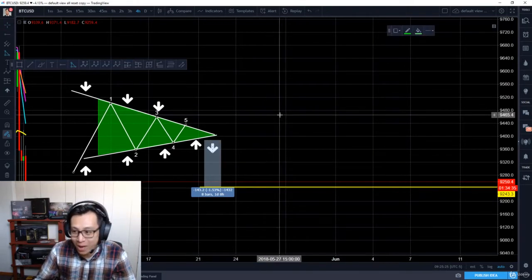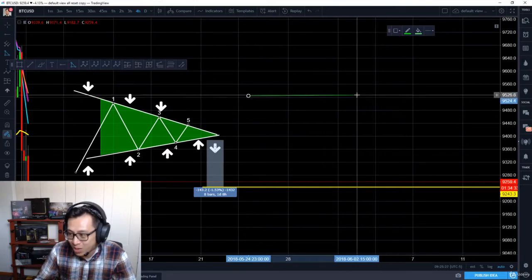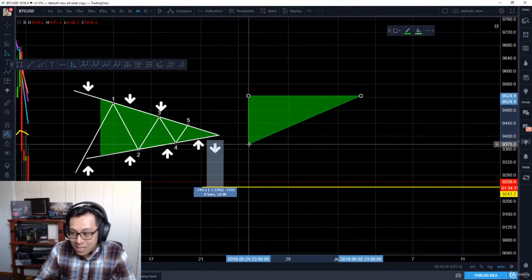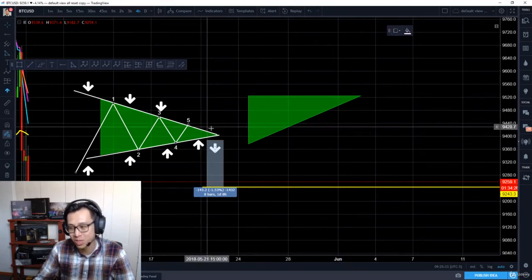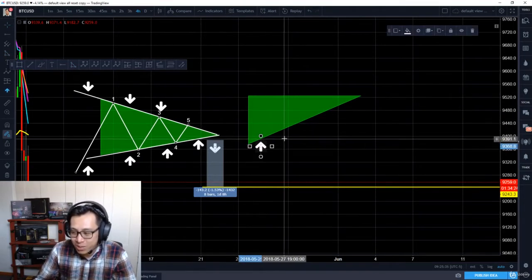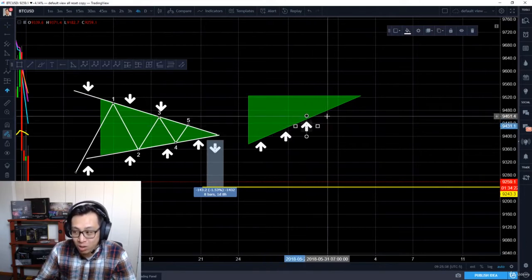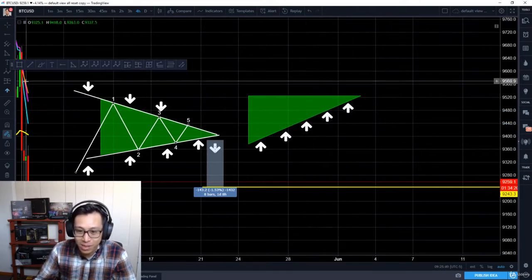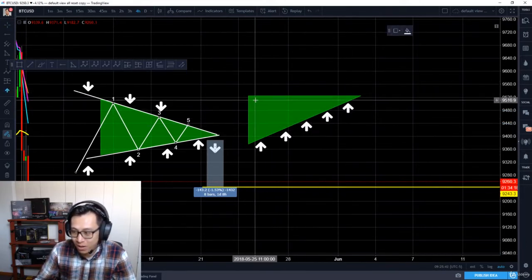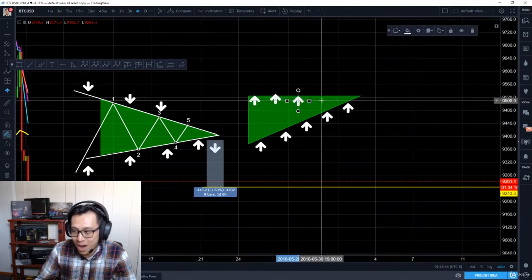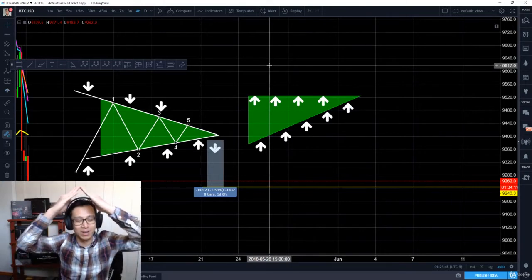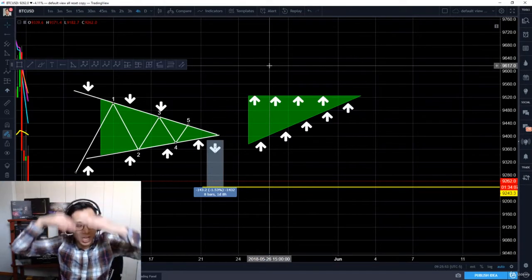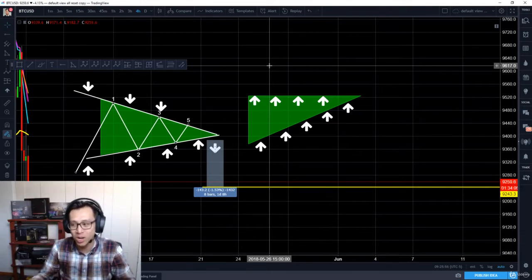Now, the better pattern to play are these ones right here. This is called an ascending triangle, okay? Ascending triangles have great characteristics. It has a series of higher lows, but the same series of highs. Think of it like a ceiling, and every time we're punching it, we're trying to break the ceiling.